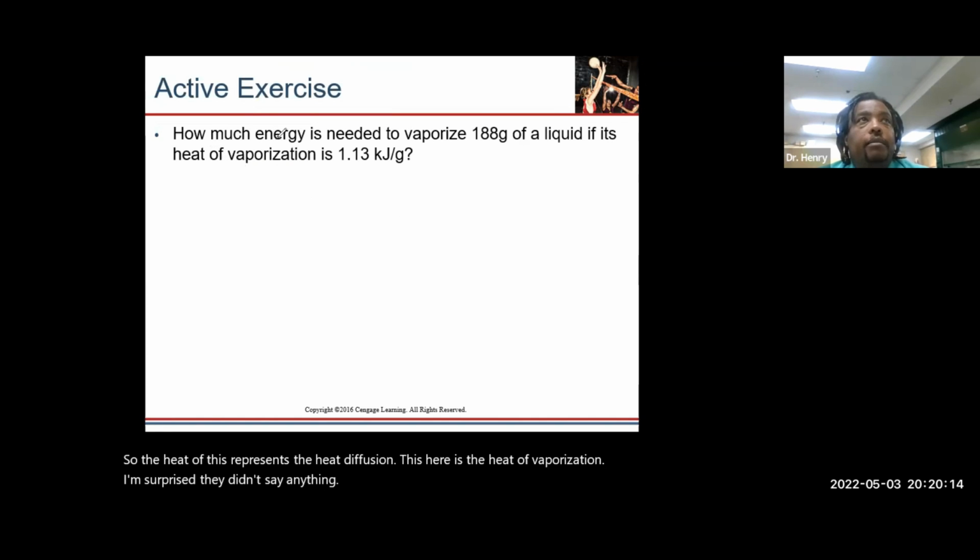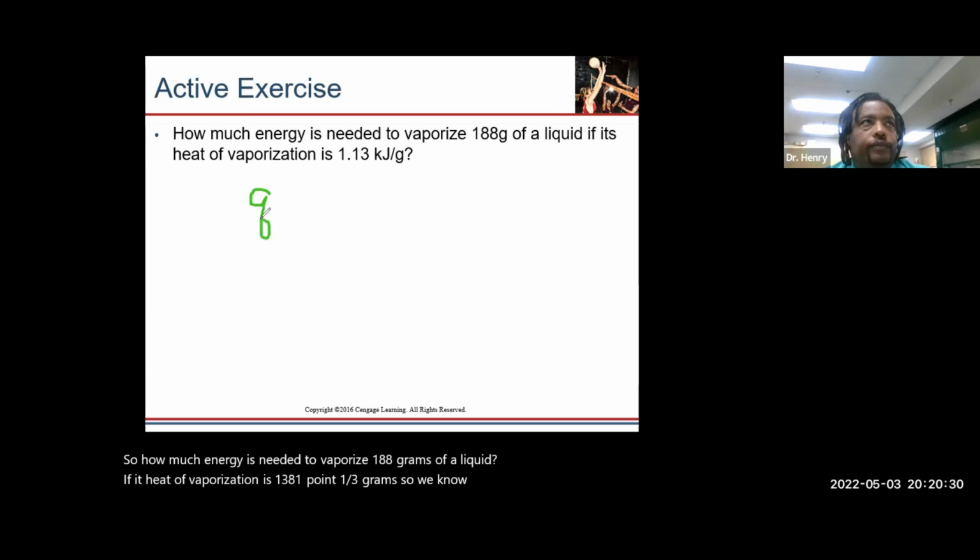Okay, so how much energy is needed to vaporize 188 grams of a liquid if its heat of vaporization is 1.13 kJ per gram?